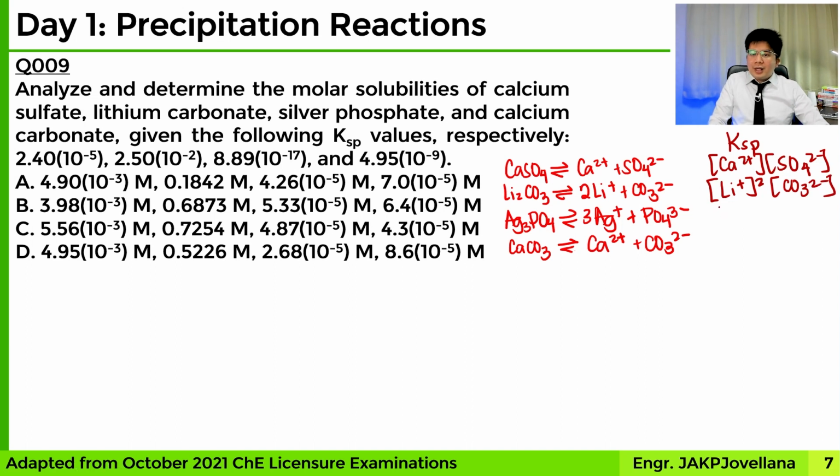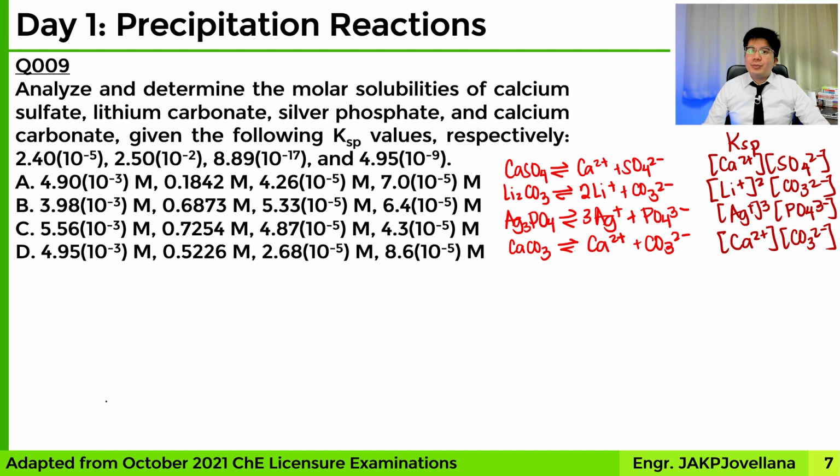For silver phosphate, we can express this as Ag+ cubed times phosphate ion concentration. And lastly, for calcium carbonate, we can express KSP as Ca2+ concentration times concentration of carbonate ion.